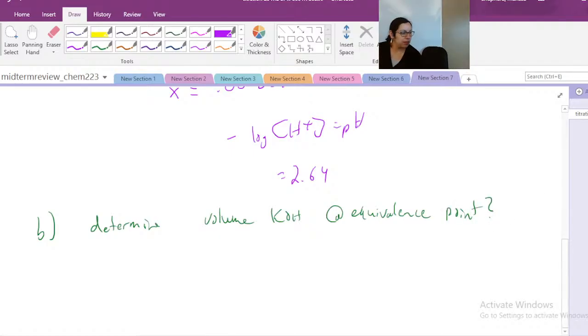Don't overcomplicate stuff. It's my biggest advice. The equivalence point is the point where the number of moles between the two are equal. Yeah, so good. I'll write that down as a hint: our moles of acid equals moles of base.